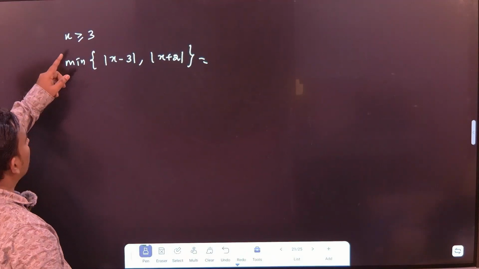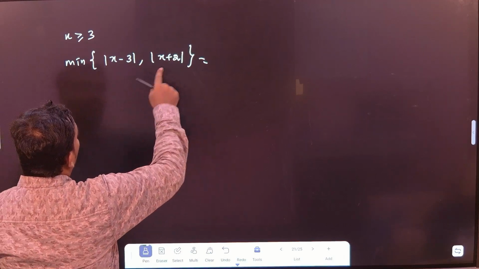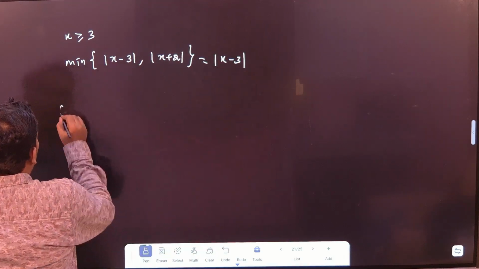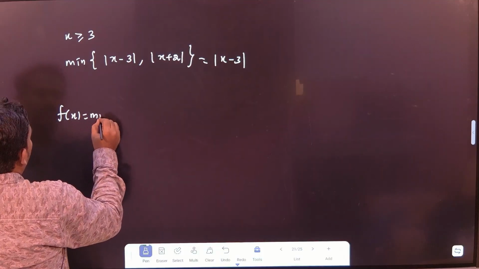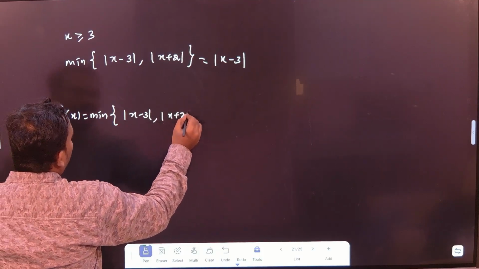Let me take a number more than 3. Let's take 4. 4 minus 3 is 1, and 4 plus 2 is 6, so the minimum here is |x - 3| only. So you redefine the function as the minimum of |x - 3| and |x + 2|.